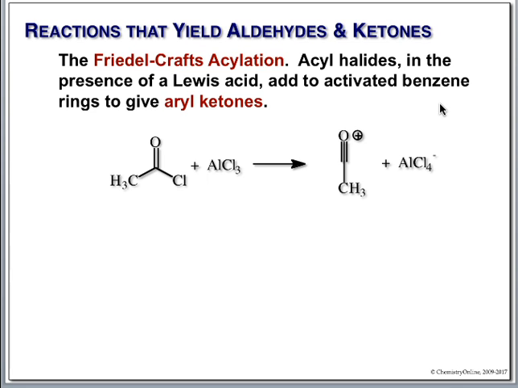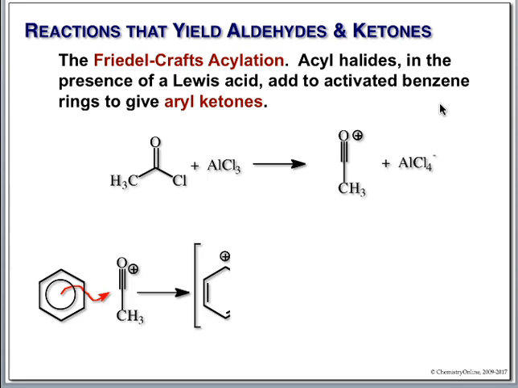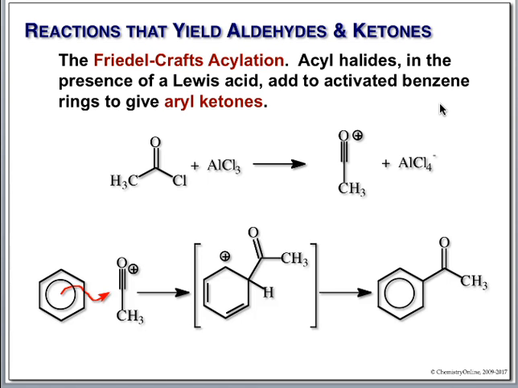If we take this electrophilic center in the presence of a benzene ring, an aromatic ring, we can do a simple addition to form our sigma intermediate, lose our proton, regain aromaticity, and we make a ketone. Friedel-Crafts acylation.